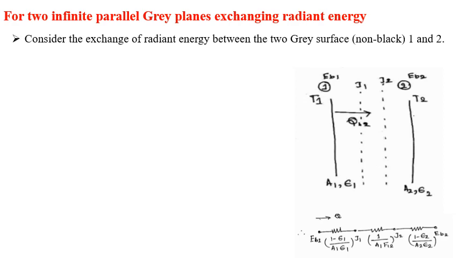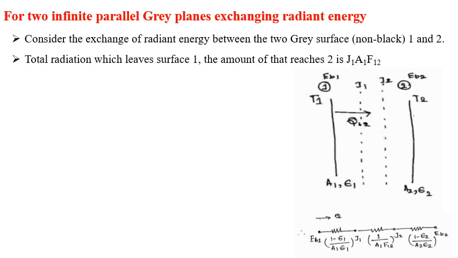Consider the exchange of radiant energy between two gray surfaces, which means non-black, 1 and 2. The total radiation which leaves surface 1, the amount of that which reaches 2, is J1 A1 F1-2.